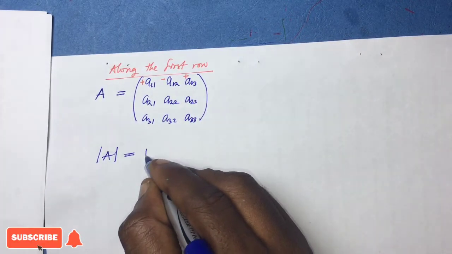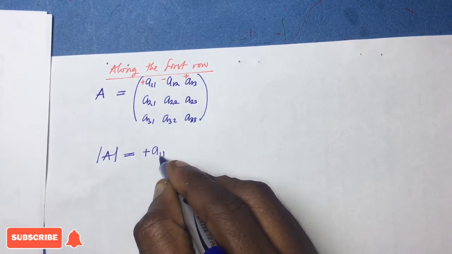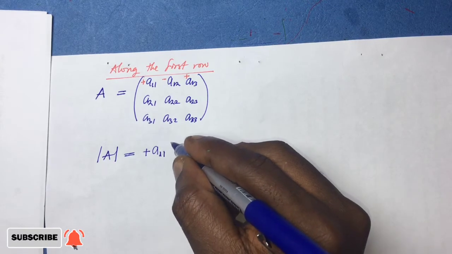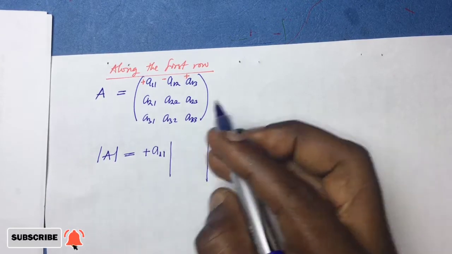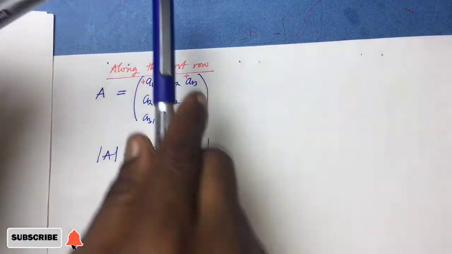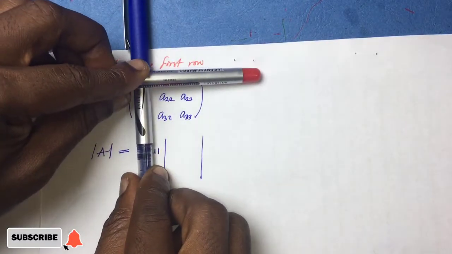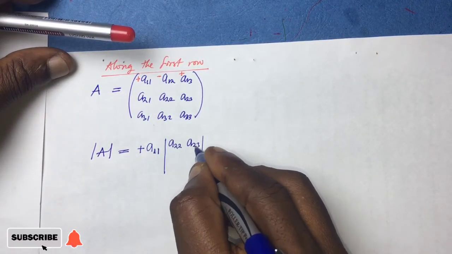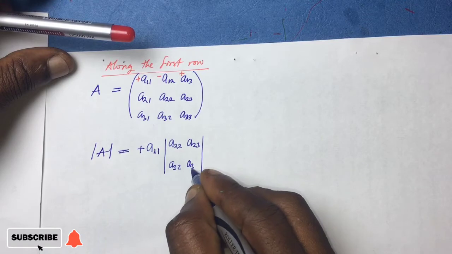I will take plus A11, this first element, times its minor. What is the minor of A11? The minor of A11 is this matrix. So this will be A22, A23, A32, A33.